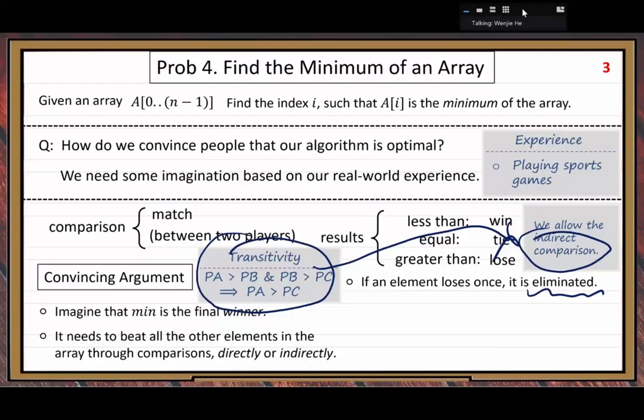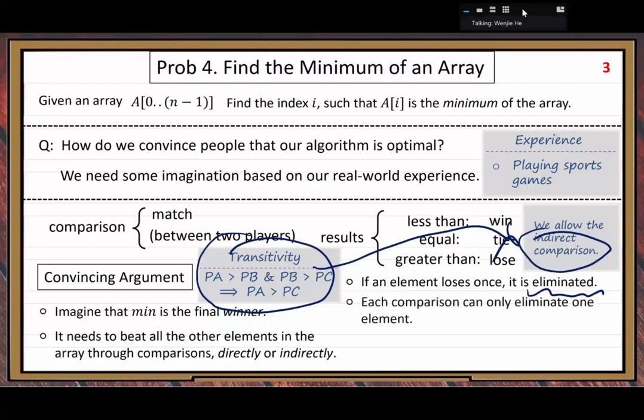Later, this method is one of the most important methods in this class, the elimination method. Now, let's move to the next statement.